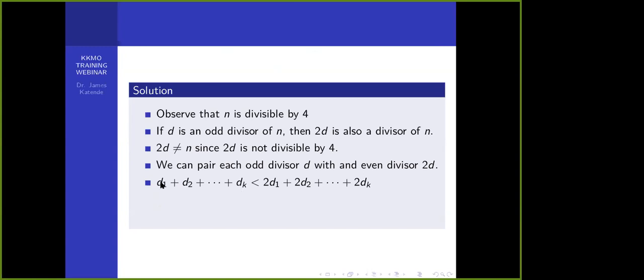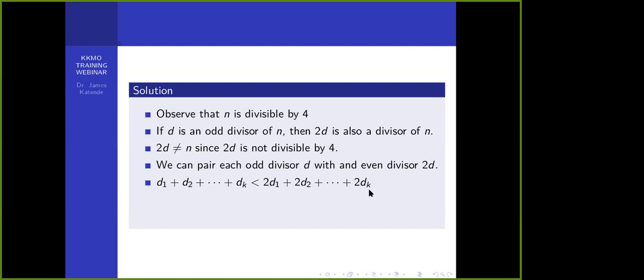So if you add up all the odd factors on the left, they will be less than these even factors. Now, these are not the only even factors, probably. There might be others. But this guarantees that the sum of all the odd factors is less than the sum of all of the even factors on the board.